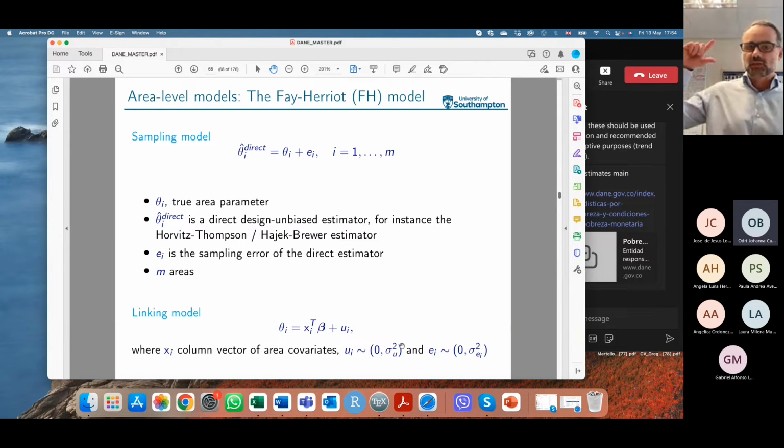This is the sampling part: I know that my direct estimates are equal to the true value plus a sampling error. So the direct estimates are distributed around the true parameter, and that distribution has a sampling error. And then you say that the true parameter is related to a set of covariates x i via this model that's specified as part of the linking model.